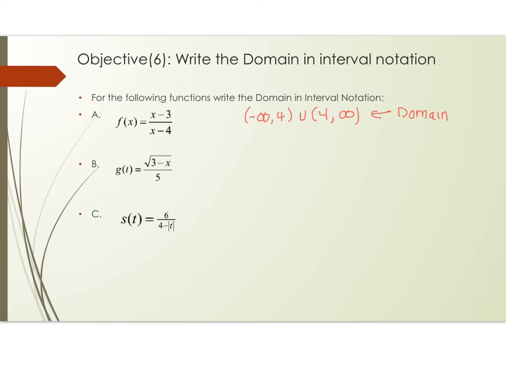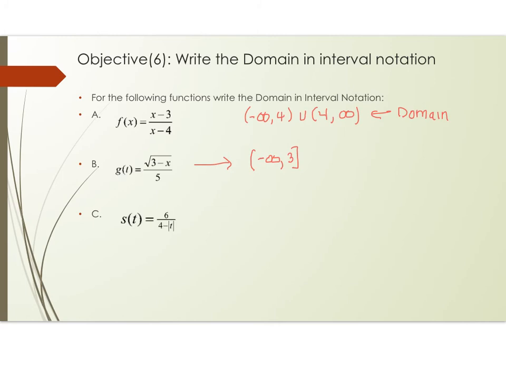So in this case, x can be negative, right? So it can be negative infinity, and it can go up to 3, but it can't go past 3. So here is our domain for that function, right? Just the domain.